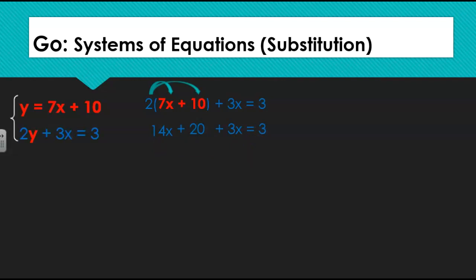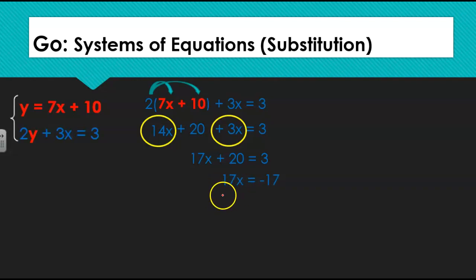Now we will be combining like terms so that we can simplify our equation. 14x plus 3x gives us 17x, and we bring the other terms down. Now we will use our properties of equality, and we will be subtracting 20 from both sides of our equation, which will leave us with 17x equals -17.